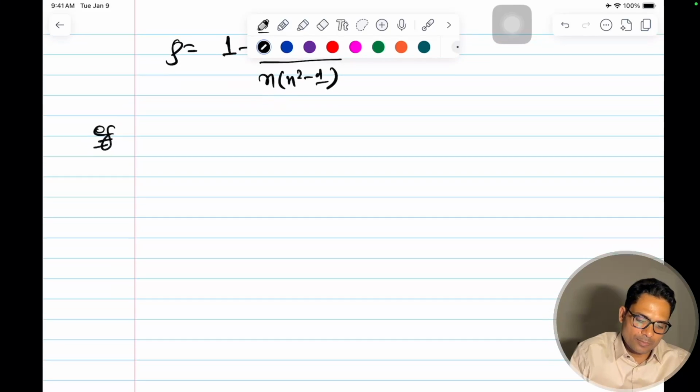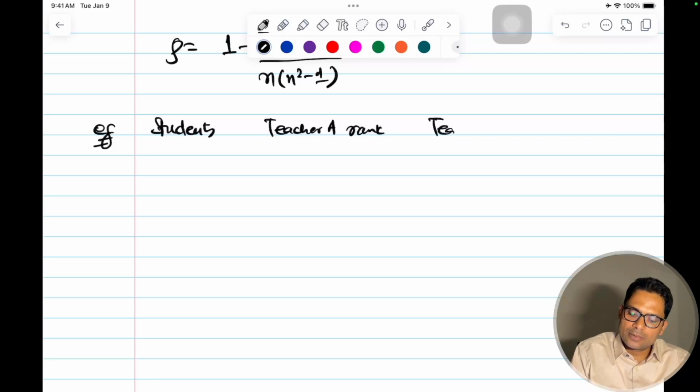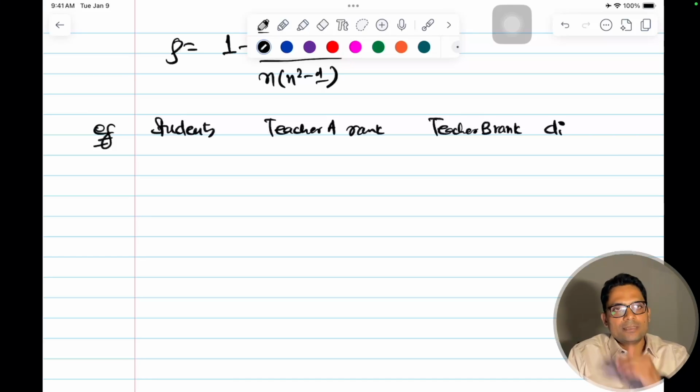So let's see with an example. For example, the students, and then there is teacher A rank, and then teacher B rank. And then there's a difference. This di is the difference in the ranks, and then we compute di square.